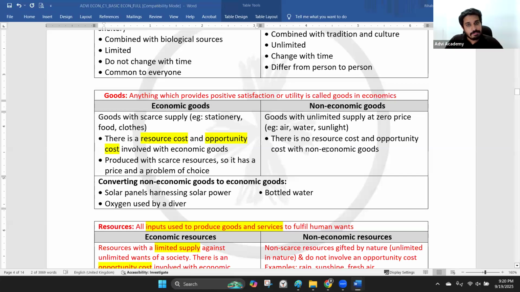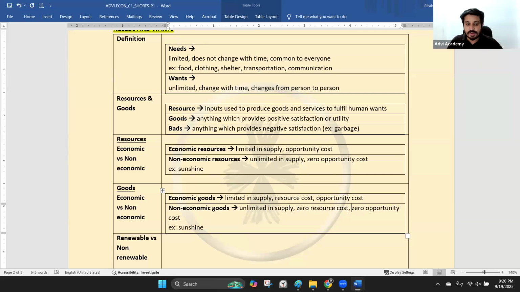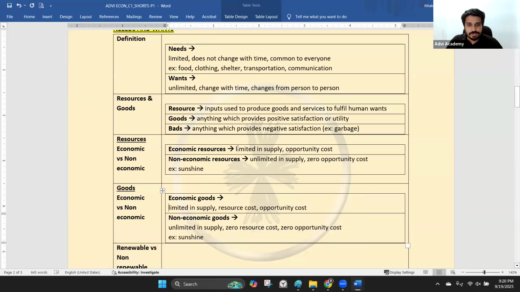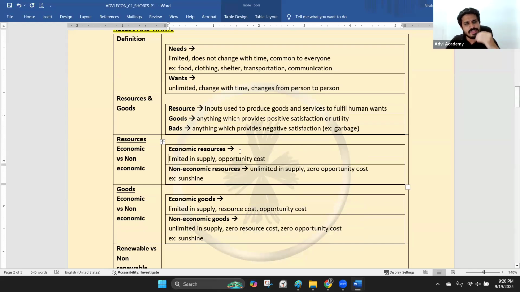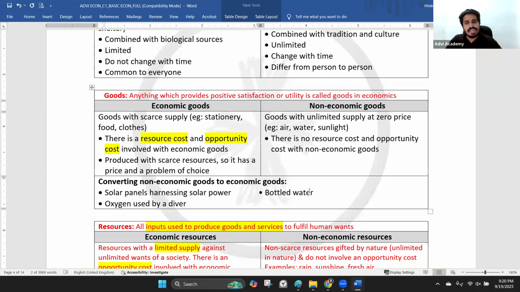Non-economic goods are unlimited in supply, zero resource cost, zero opportunity cost also. And that is where the confusion is. People get confused there only. So they're like, okay, if non-economic resources are also unlimited in supply, zero opportunity cost, and non-economic goods are also unlimited in supply, zero resource cost, zero opportunity cost, what is the example for a non-economic good?